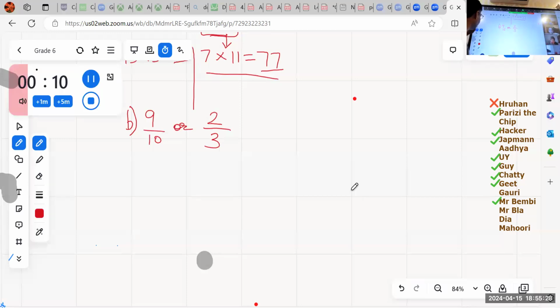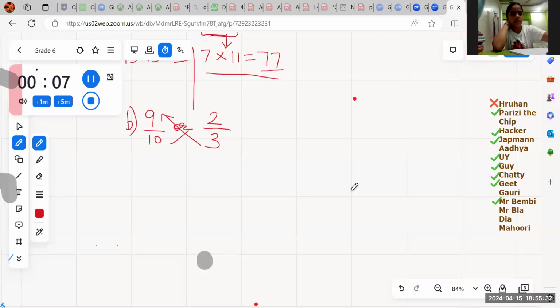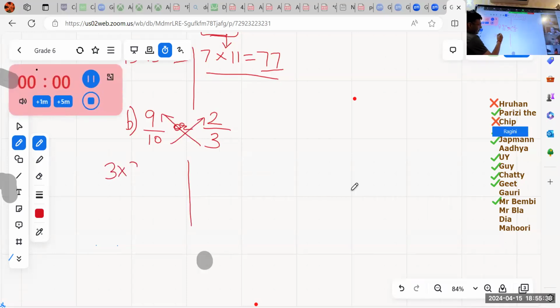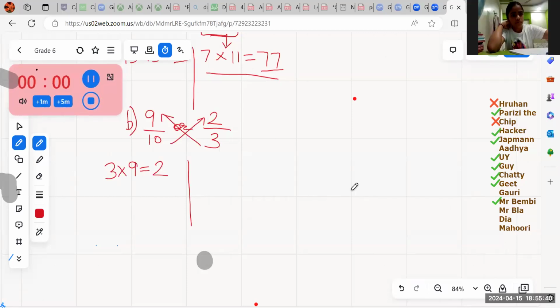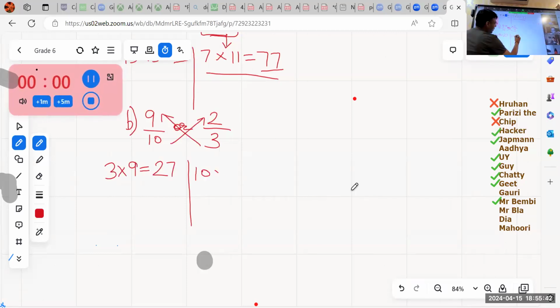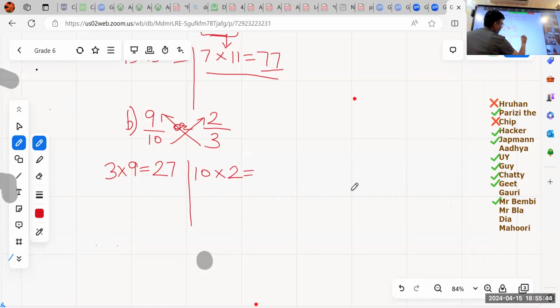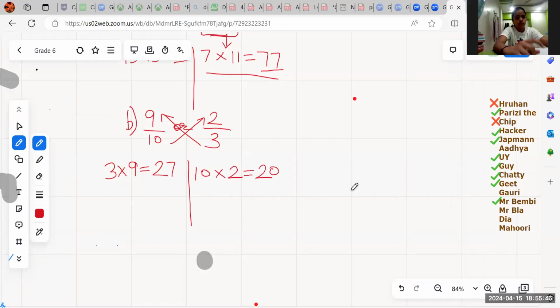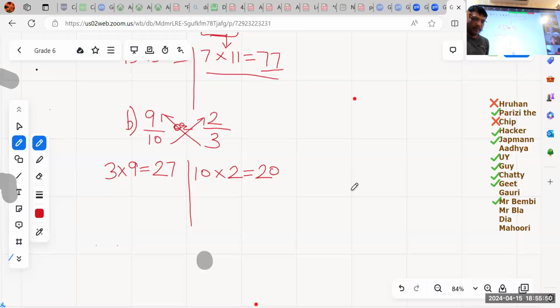So Adya, send your answer quickly. Yes, sir. So 3 times 9 gives me 27. 10 times 2 gives me 20. So which one is greater, Rohan and Chippy? Sir, 9 by 10.